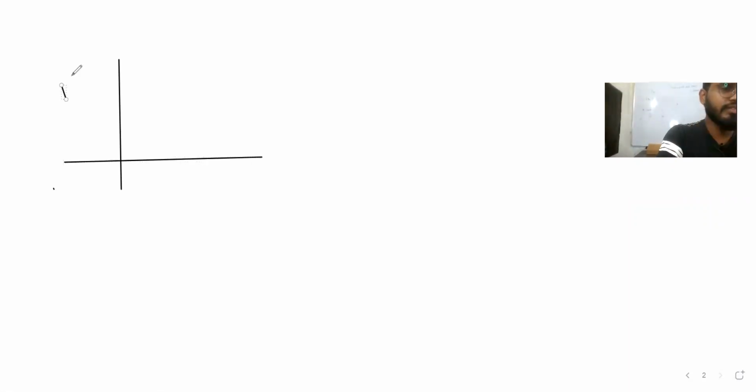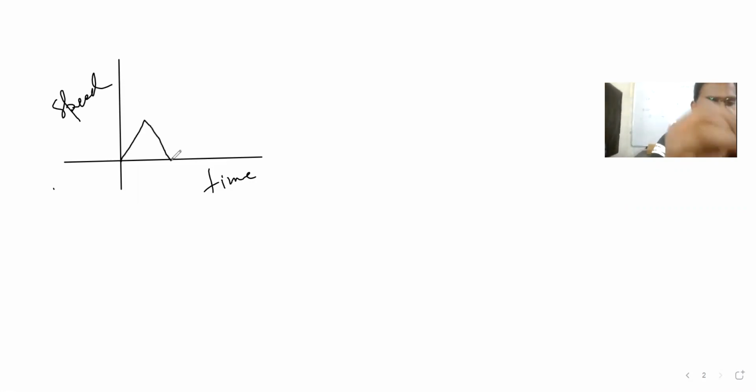A distance time curve is there. Now let's take a speed time curve. Now you can give the same question. So this is time: 0, 1, 2, 3.